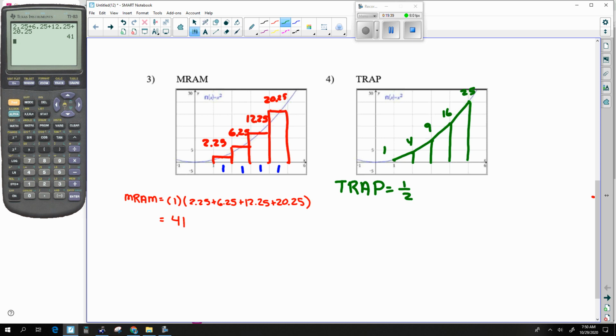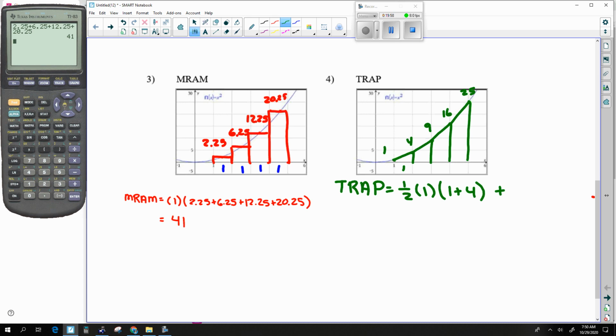Again, the height is not up and down, but rather side to side. This has a height of 1, and base 1 plus base 2 would be 1 plus 4. Okay, that's the very first trapezoid.